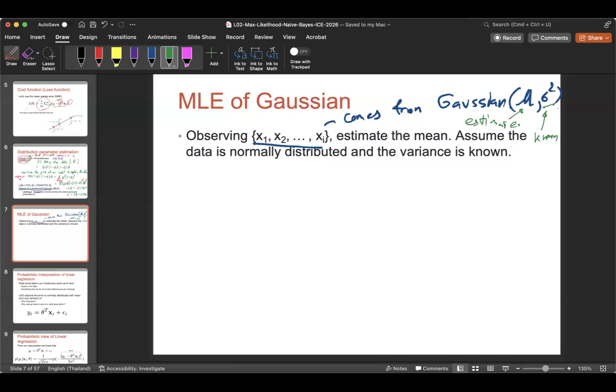Well, from statistics, we say, okay, the mean is just the average. But why is it the average? We can set it up.